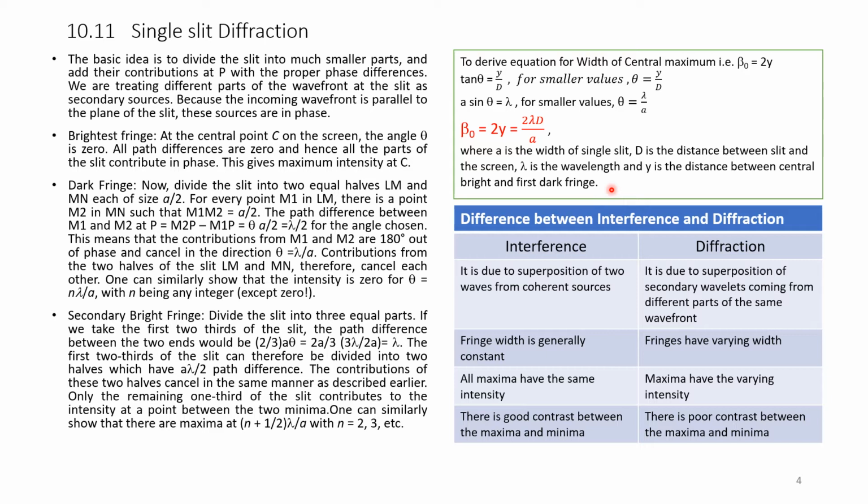Interference is due to superposition of two waves from coherent sources. Please note, here two different coherent sources, whereas diffraction is due to superposition of secondary wavelets coming from different parts of the same wavefront. That is, wavelets emanating from the slit get superimposed.